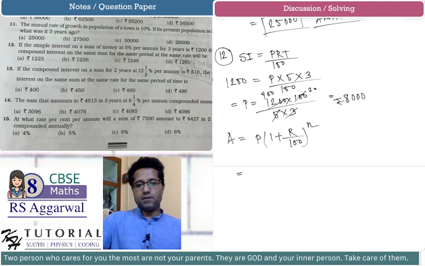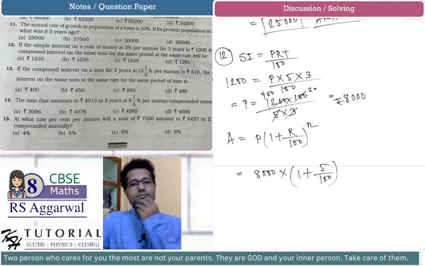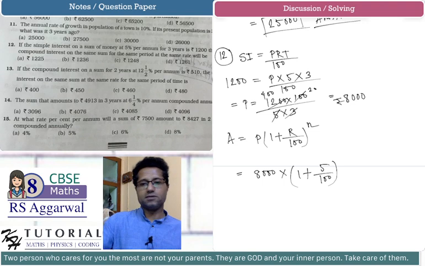Now P is the same sum, that is 8000, and the rate of interest is also the same, which is 5, and the period is also the same, so n is equal to 3.